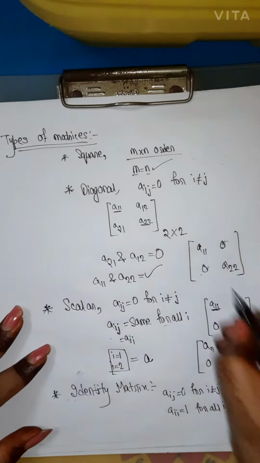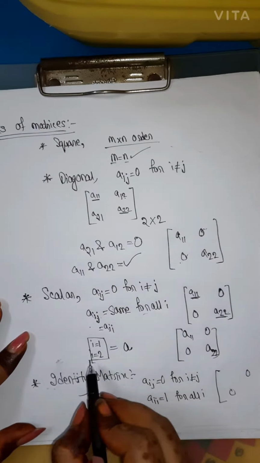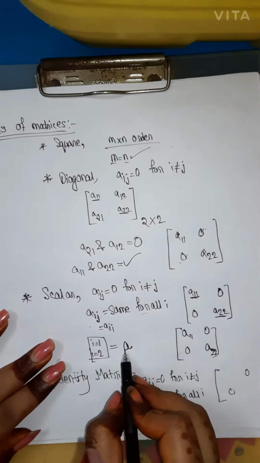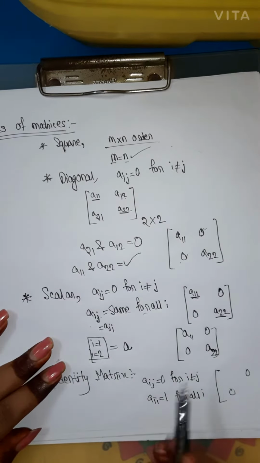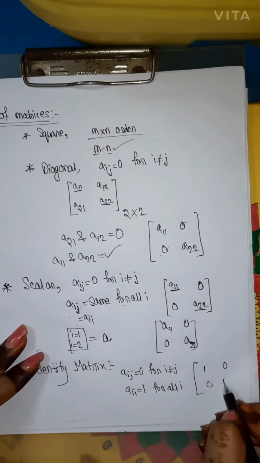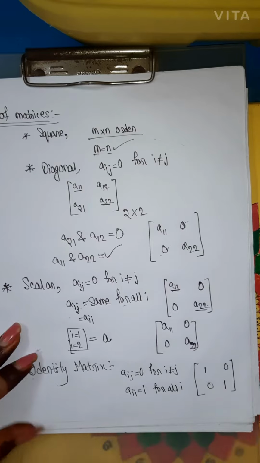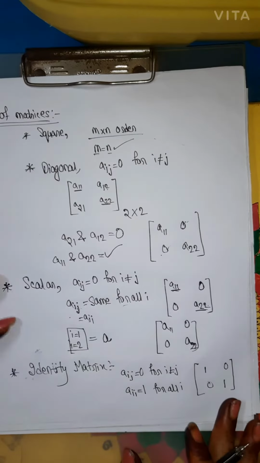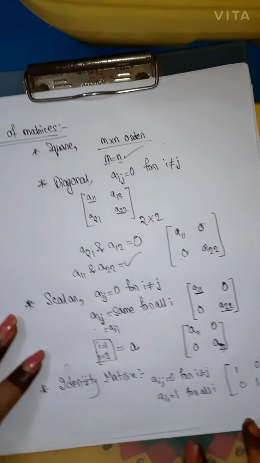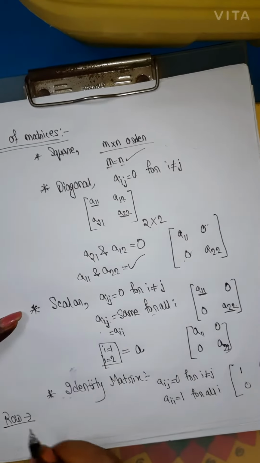It means the same condition as this, that is 0 and 0, and the same condition that we will have the same element, but the diagonal elements now reduce to 1, that is unity. This is called the identity matrix.